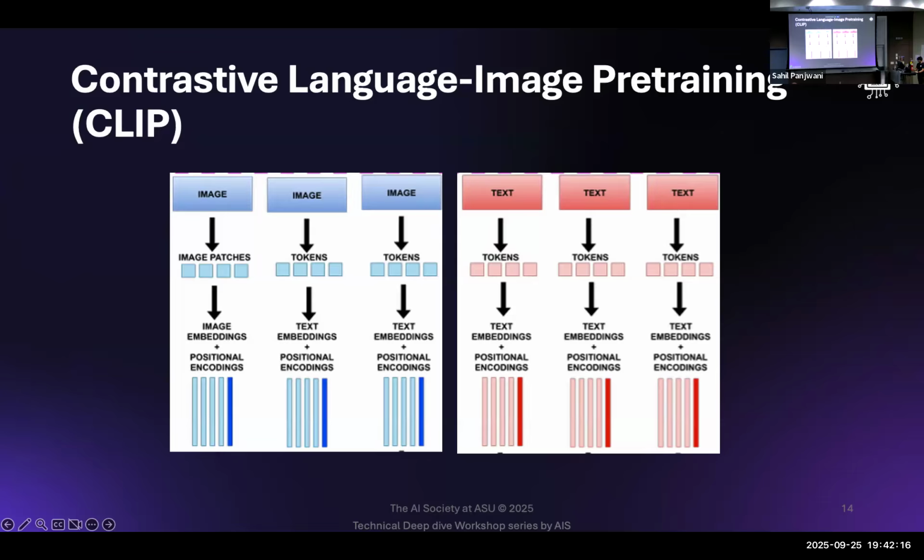Then on the text side, we have our caption, black cat on a sofa. This is simply broken down into tokens, literally word by word. Then each token is mapped to an embedding vector using an embedding table. Just like with images, we also add positional embeddings here. The positional embeddings let the model know that the token black comes before the token cat, and without that, we wouldn't have any order.